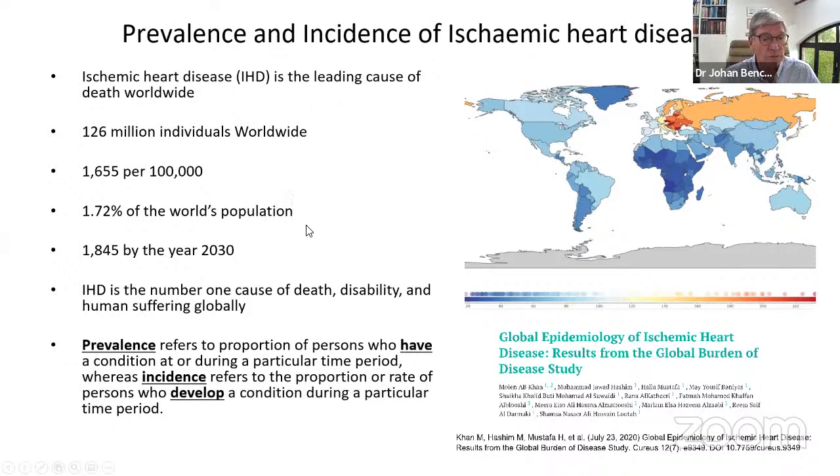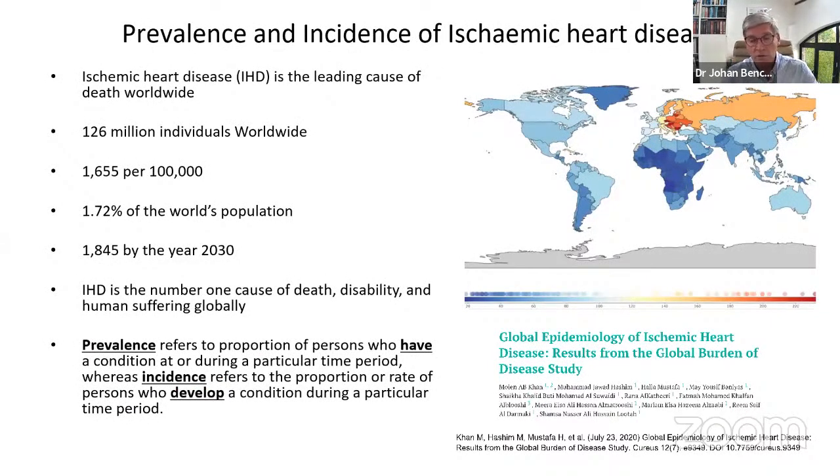It's 1.72% of the world population, and it's projected to become worse, up to 1,845 by the year 2030. And it's the number one cause of death, disability, and human suffering globally.